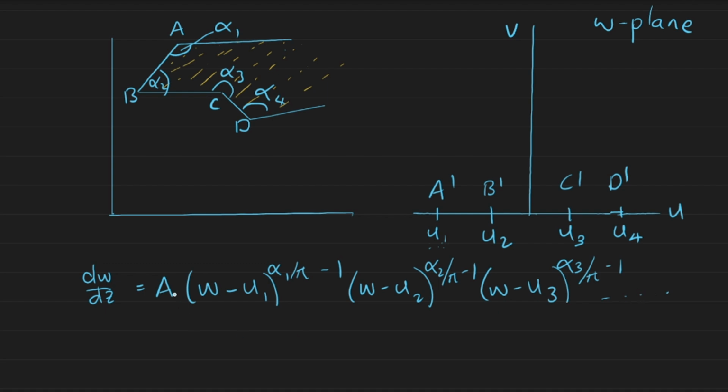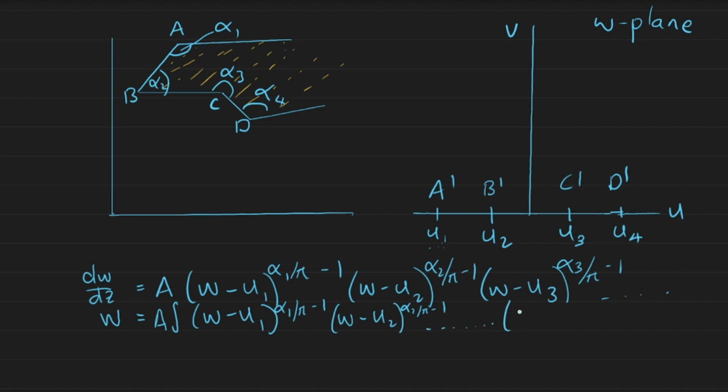So what we're going to do is integrate this. When we integrate it, we get that z, or rather w, is equal to the integral. A is a constant, we can bring that out. We have A times the integral of (w minus u1) to the power alpha 1 over pi minus 1, (w minus u2) to the power alpha 2 over pi minus 1, and it carries on like that.